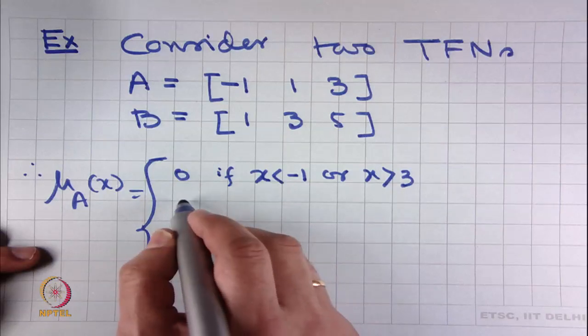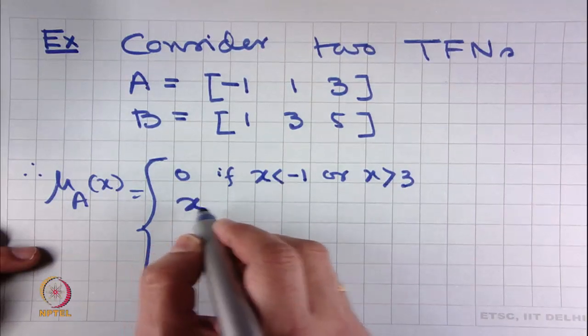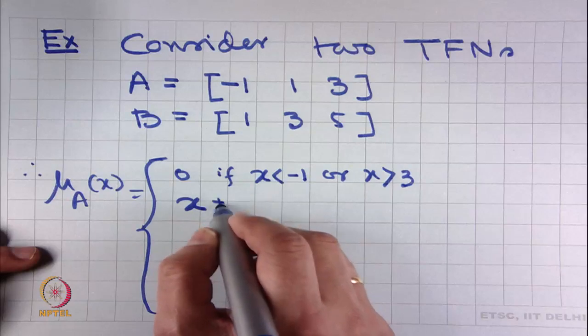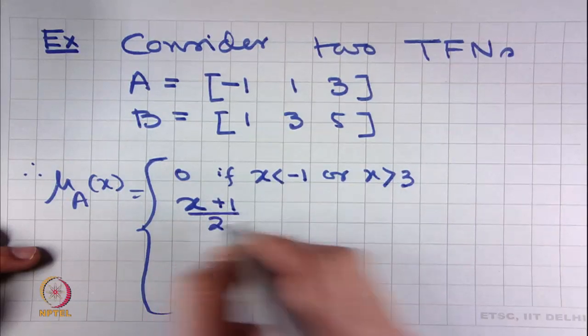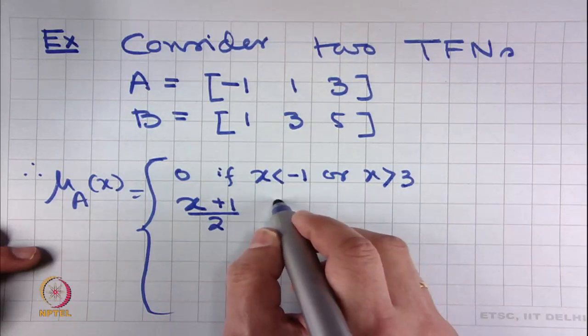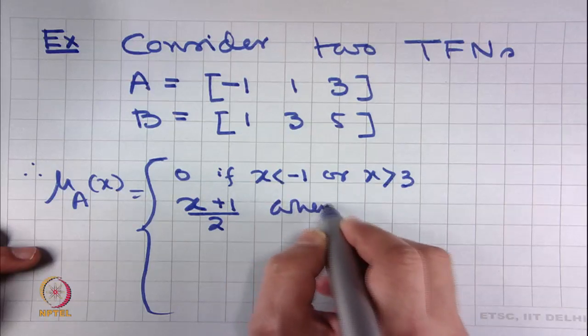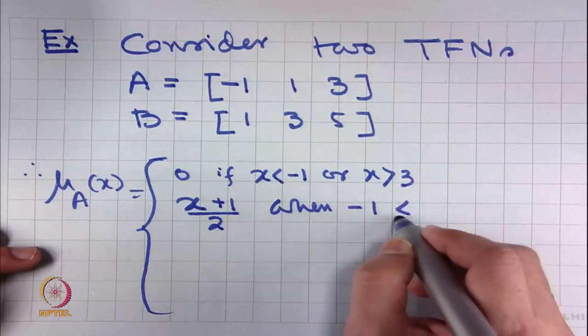It is (x plus 1) by 2 when -1 is less than or equal to x less than or equal to 1.